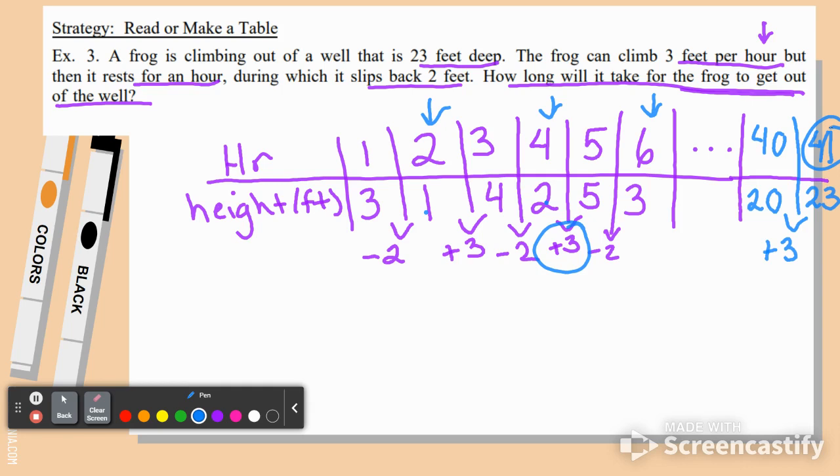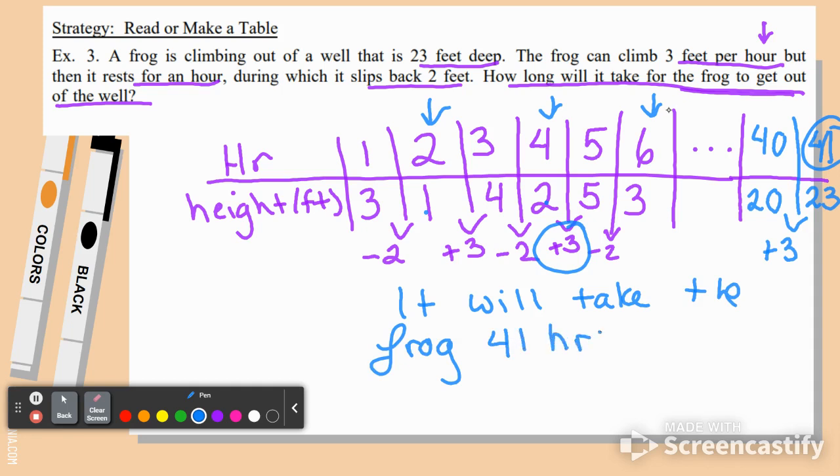That is why I chose to look at a sequence of numbers, especially just looking at all of our even numbers and seeing what kind of pattern is going on there. So we found our answer. It will take the frog 41 hours to get out of the well.